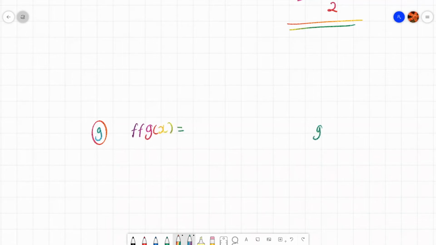Okay, I know that G of X is x squared. And F of X is 4x minus 2. Okay, so g of x here is x squared, and I've got to apply the function of f to it.